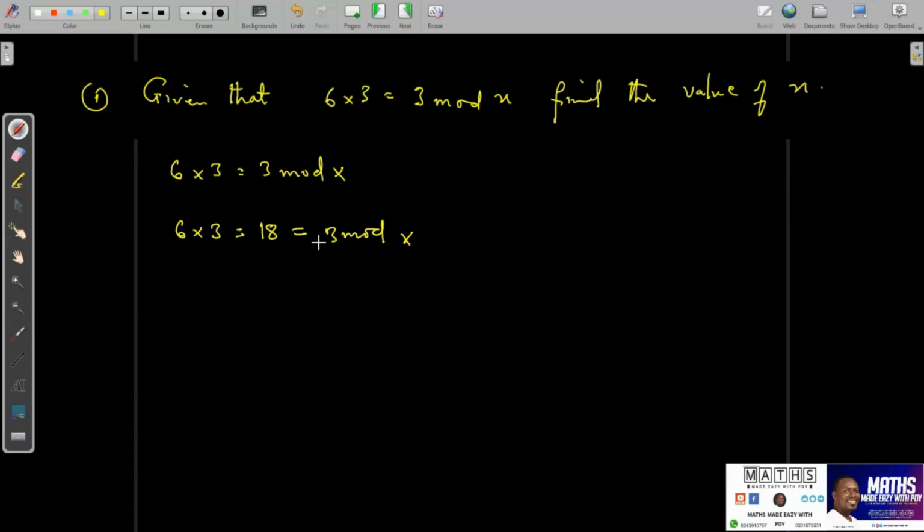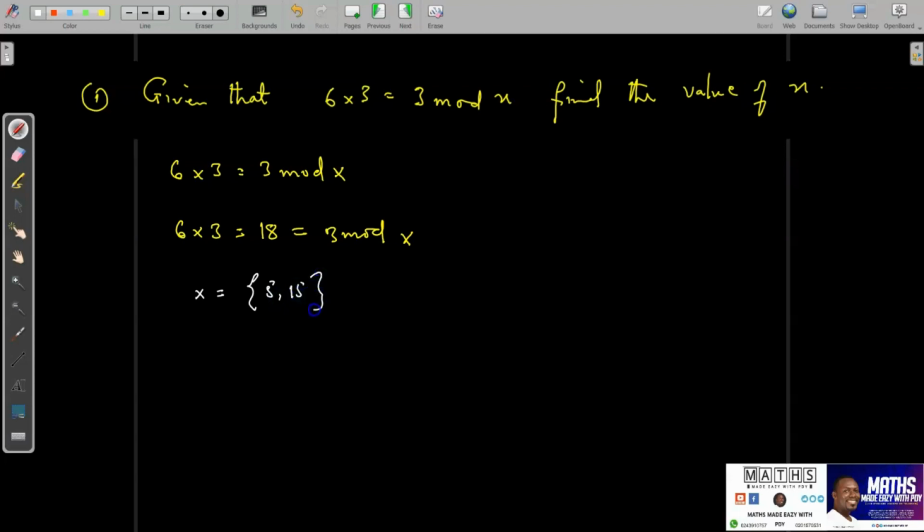15. Because 15 can go into 18 once, and there's a remainder of 3. So with your own understanding of the concept of modular arithmetic, you've reasoned that the possible solutions for x are 5 and 15.